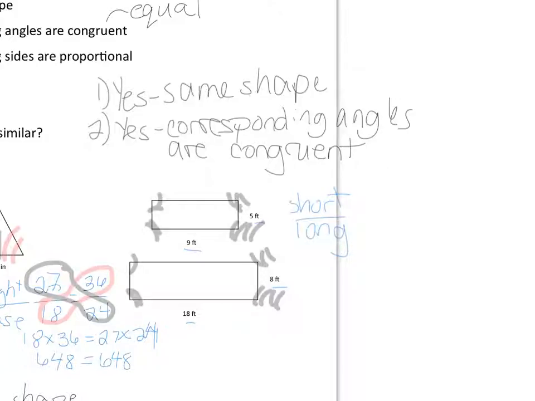All right, so if we look at the smaller rectangle, we notice that the short side is 5 feet and the long side is 9 feet. And if we look at the bigger rectangle, the short side is 8 feet and the longer side is 18 feet. So we want to know, is 5 times 18 the same thing as 8 times 9? 5 times 18 is 90, and 8 times 9 is 72.